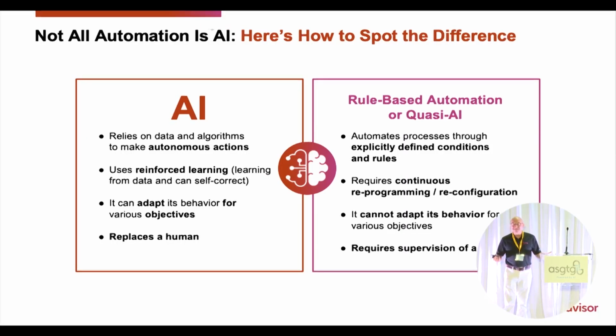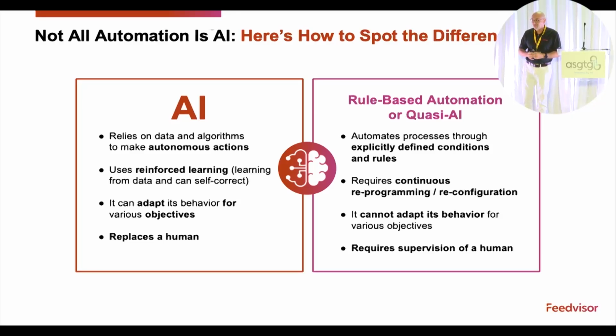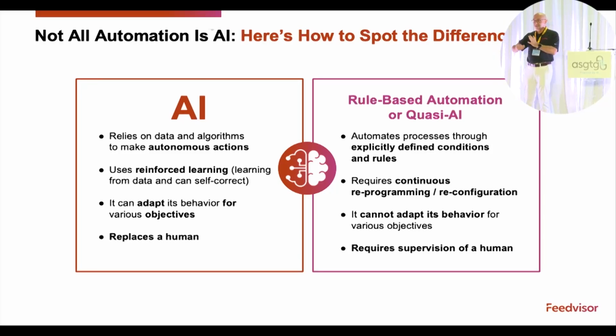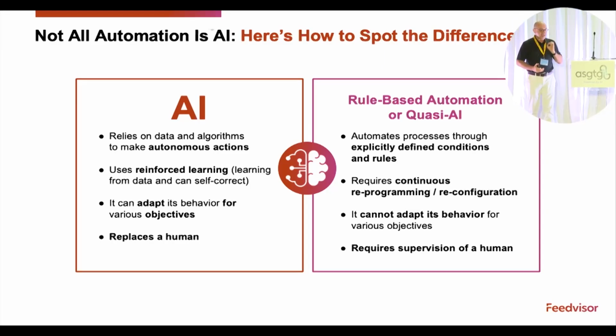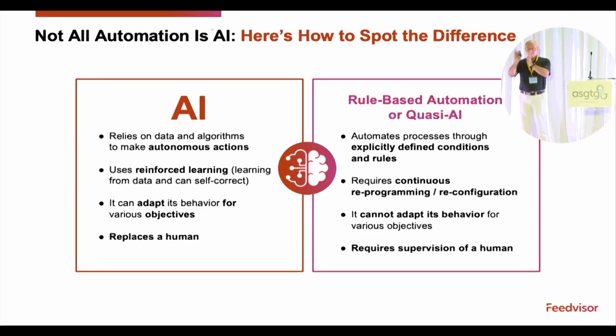So how do you figure it out? There are only four questions that you can ask in order to understand if the software is a true AI. The first one is, does it rely on data and algorithms, and does it make autonomous decisions? If I need to prescribe, I need to define a rule, if this, then do that.